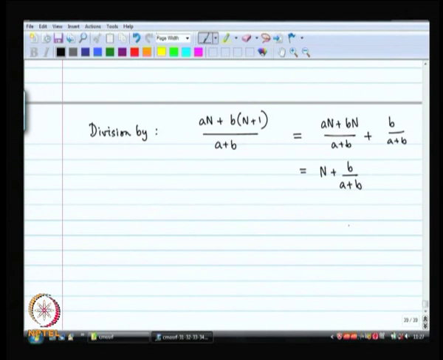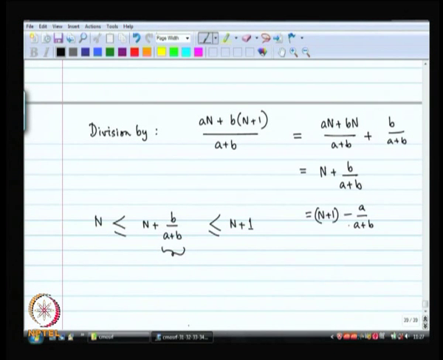No, it is not more than N plus 1, it is a little less than N plus 1. So, I have managed to divide by something which is more than N, less than N plus 1. And by what fraction is it more than N? By b by a plus b.